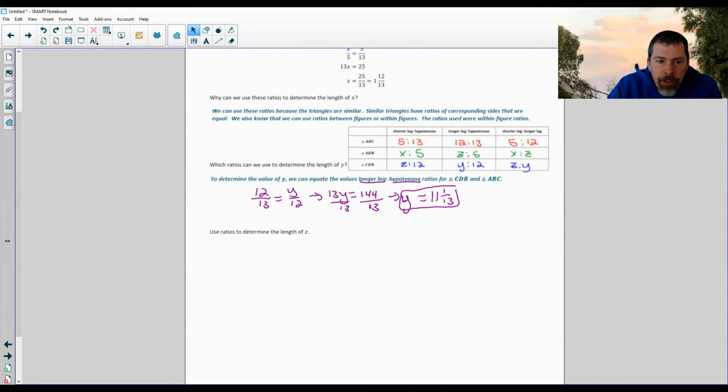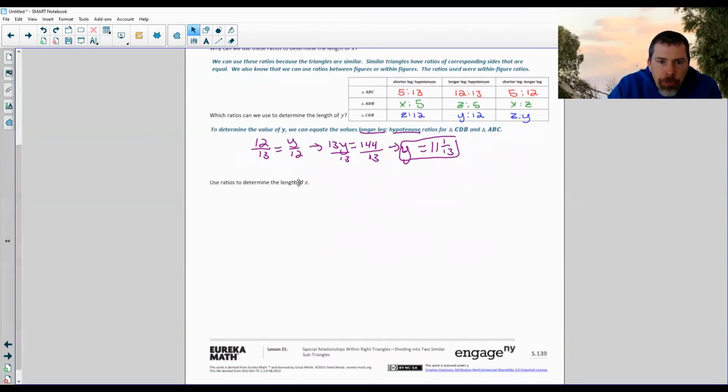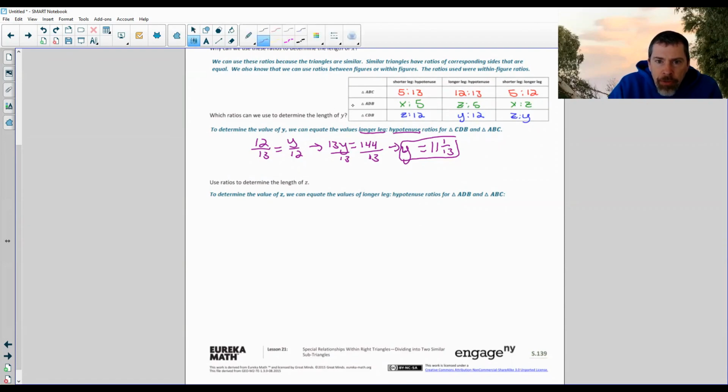And if I come down to this part, it says use ratios to determine the length of z. So to determine the value of z, we can equate values of the longer leg to the hypotenuse ratios for ADB. So for triangle ADB is here and the original triangle ABC. And we're going to do longer leg to hypotenuse, which is this column again.